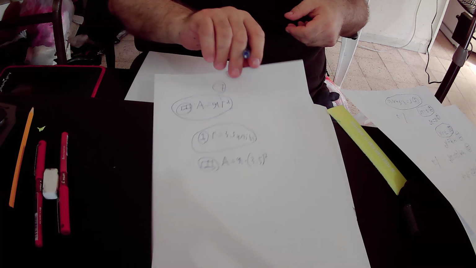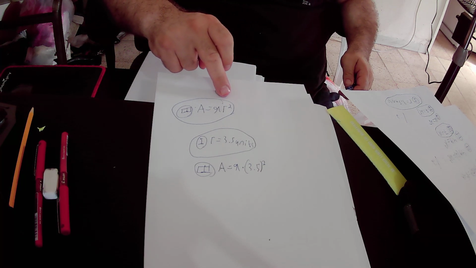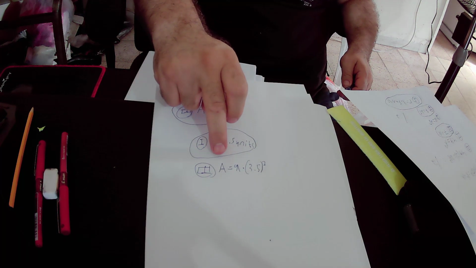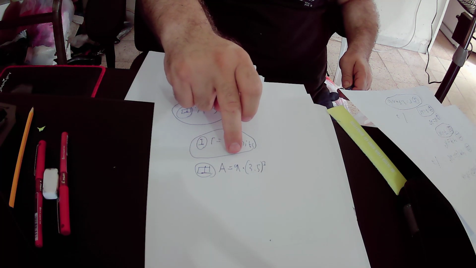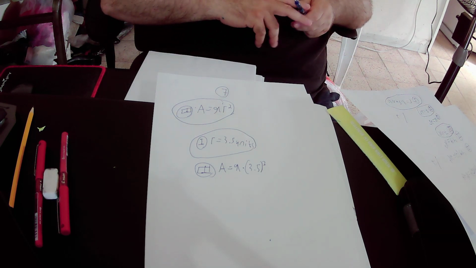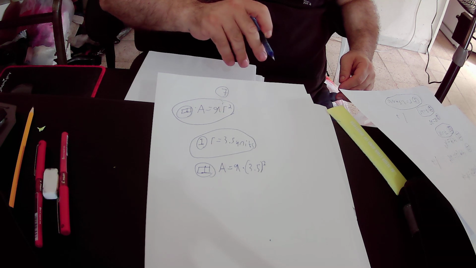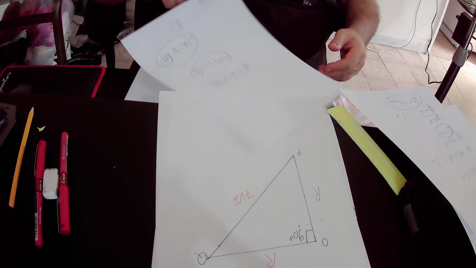So we substituted r in the first equation by 3.5. We got that the area equals pi times 3.5 squared, and 3.5 squared equals 12.25. So I write it down.